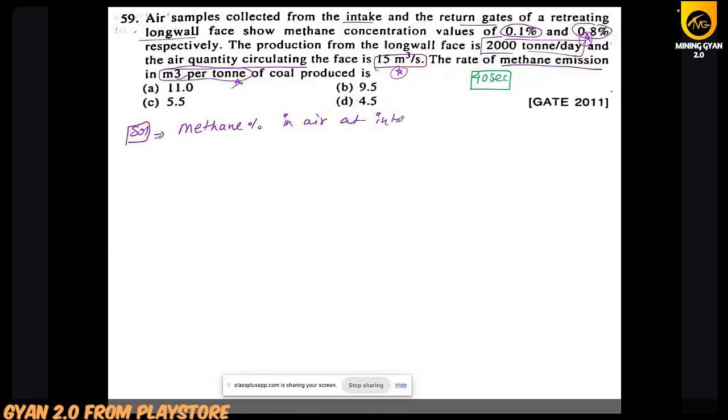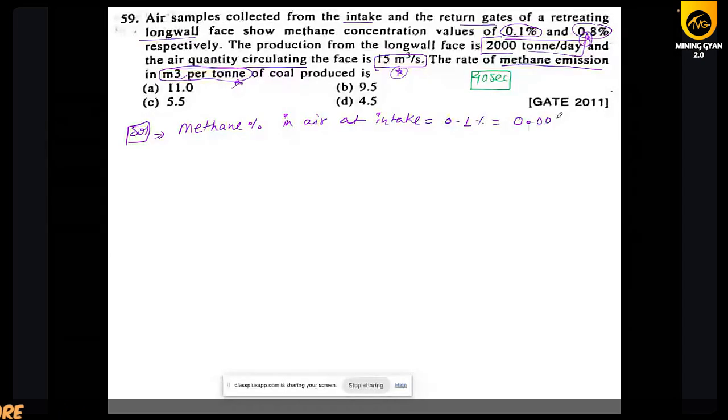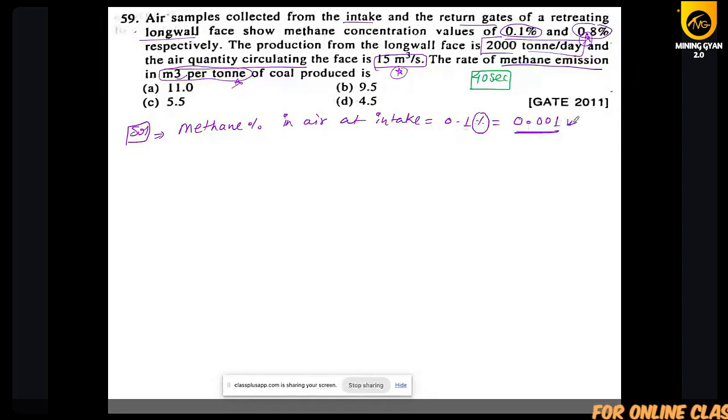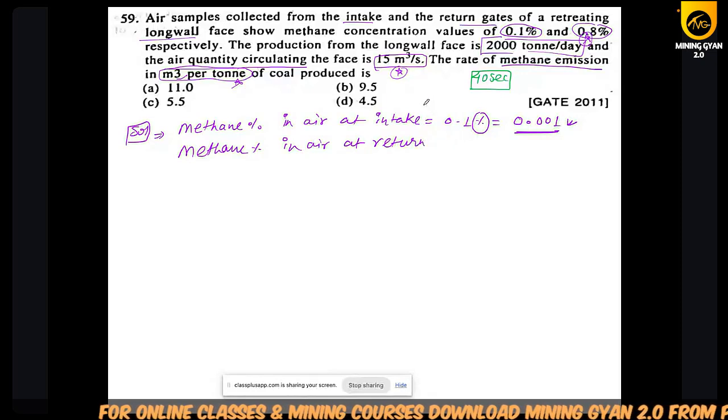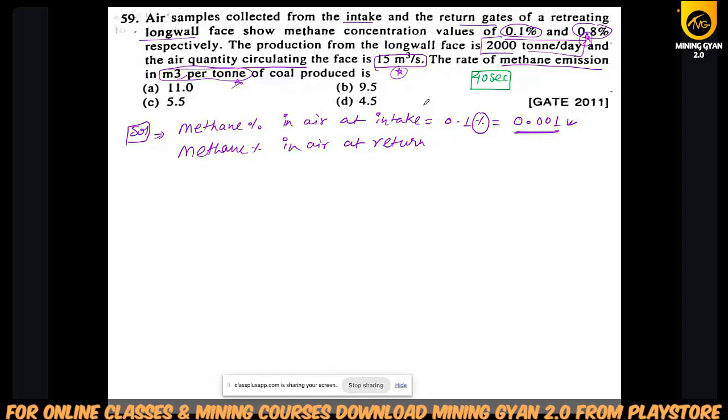He has given 0.1%, so it will be 0.001, है ना. परसेंटेज का मतलब होता है 1/100. सो उससे ये निकल जाएगा, कोई दिक्कत नहीं है ना. Methane percentage in air at return, इसको आप कुछ नाम दे लो, C0 मान लो, या C initial मान लो, C outer मान लो. ये दे रखा है 0.8%. So if you convert percentage it will become 0.008.